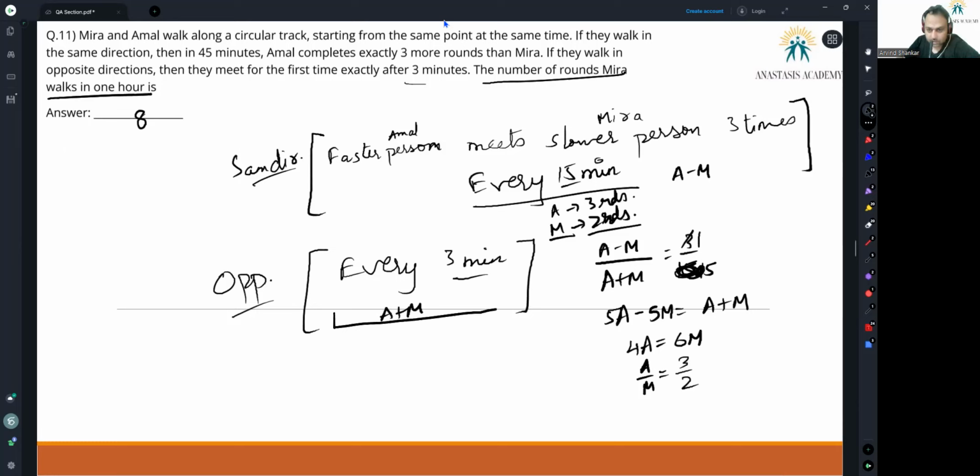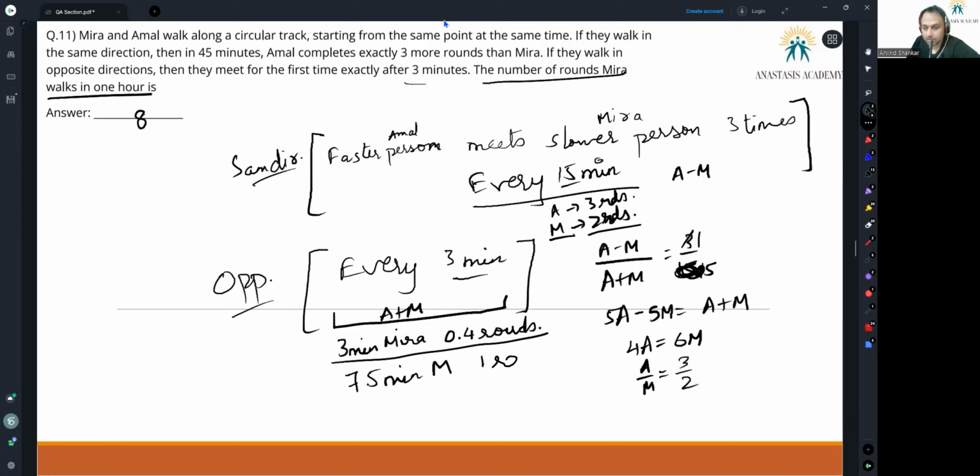Or maybe look at this here. In 3 minutes, Meera would have taken 0.4 rounds and Amal would have taken 0.6 rounds, the ratio of their speeds. So in 3 minutes, if she has taken 0.4 rounds, 1 round takes her how much time? 7.5 minutes.